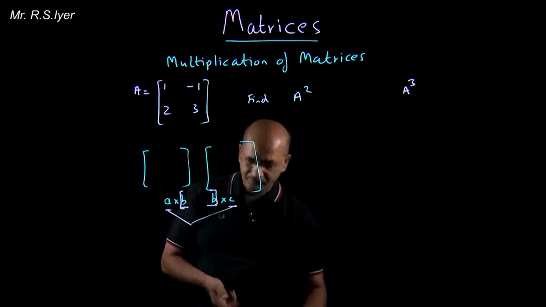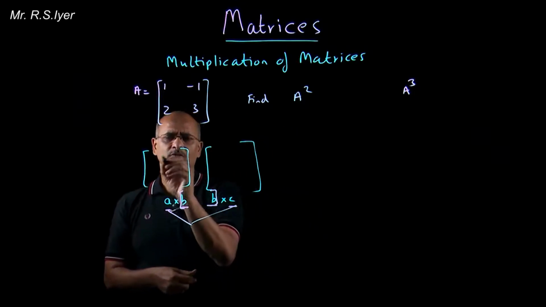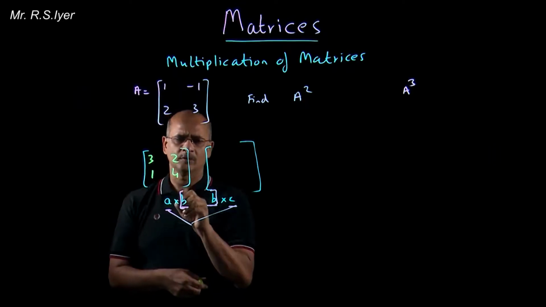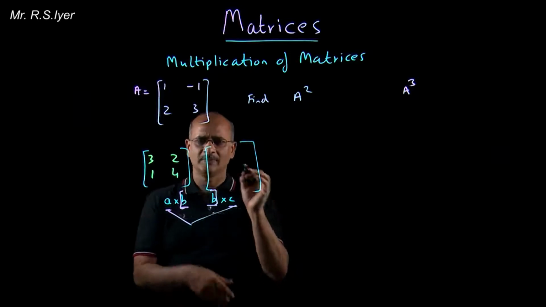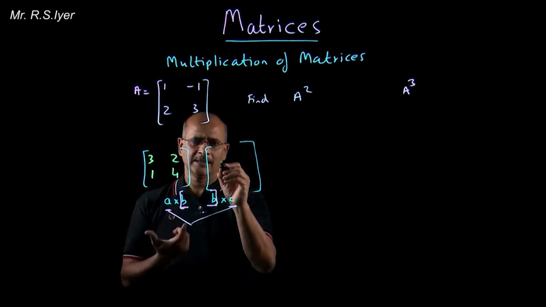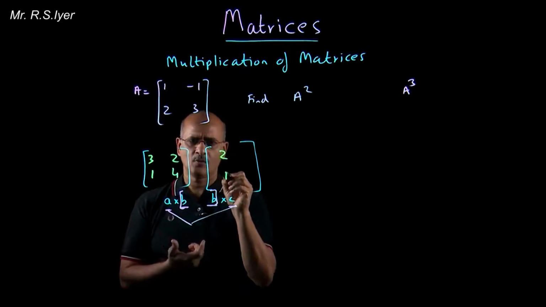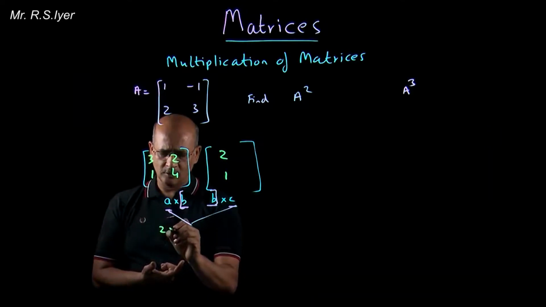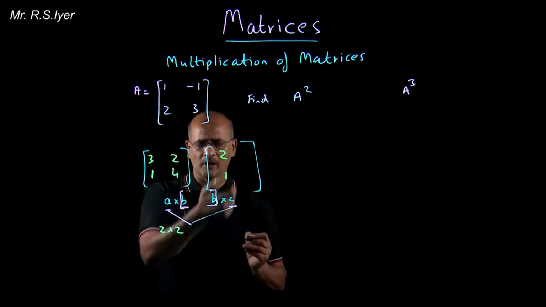Now for example, let me show you. Suppose it is given 3, 2, 1, 4, and I want to multiply with, say, 2, 1. First of all, let us see the order of this. The order of this is 2 by 2. What is the order of this?